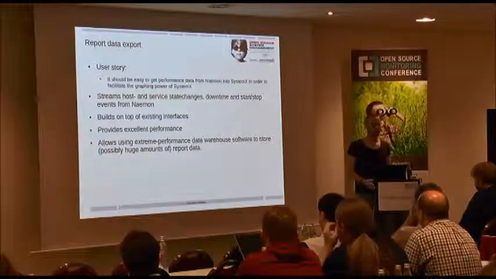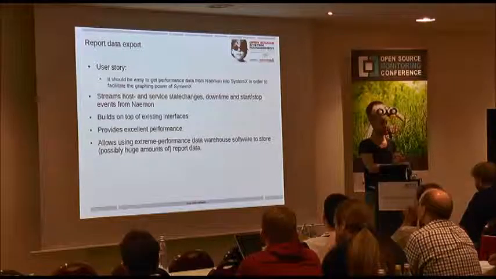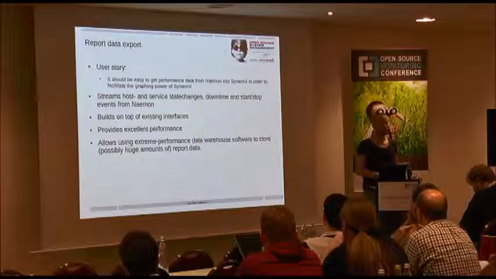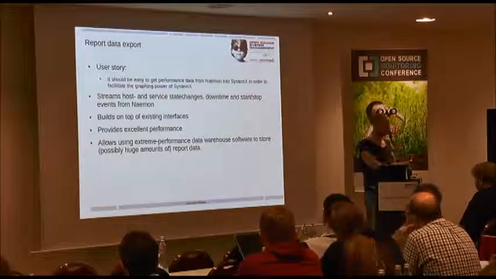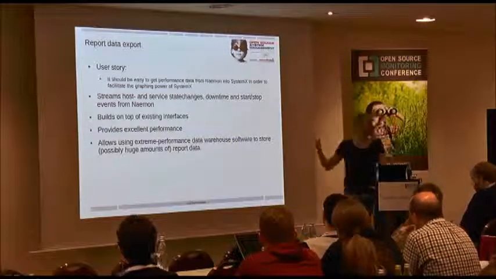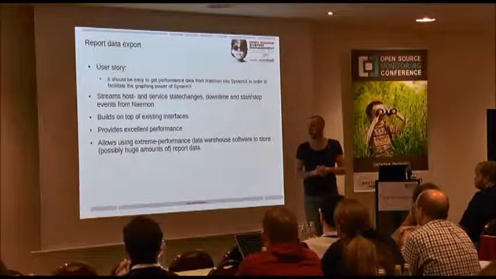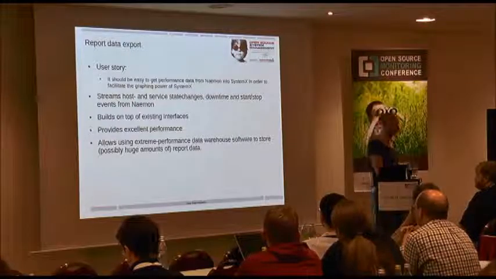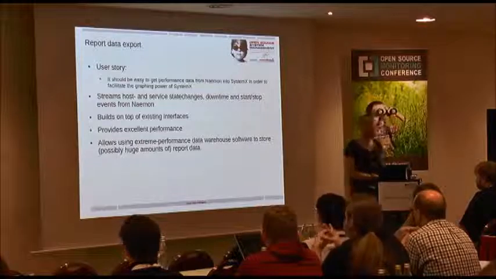The data that they want is always the data that Merlin already puts in its report data tables, which is state changes. So it streams host and service state changes, downtime, downtime start and stop, like process start and stop events from Naemon.